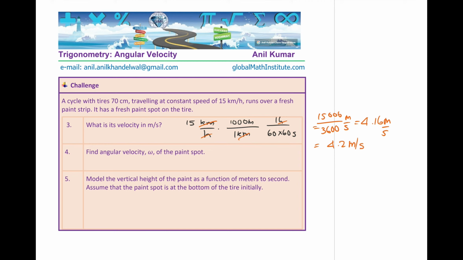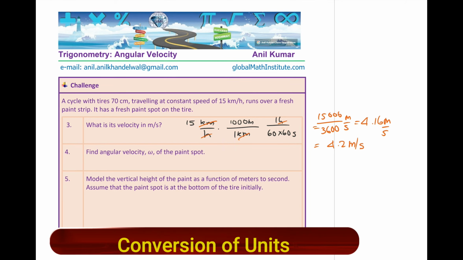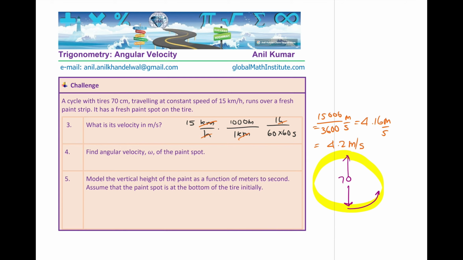Now it says find the angular velocity of the paint spot. Since it moves on the tire, now it is going to go up. This tire is given to us as 70 centimeters, correct? And it's moving. Now, the angular velocity omega is related to the linear velocity as velocity divided by r.